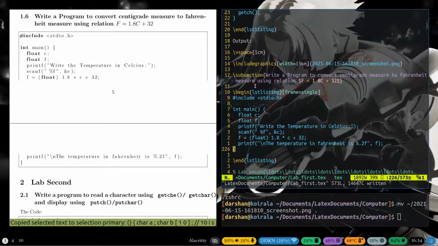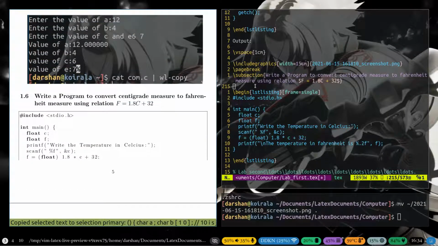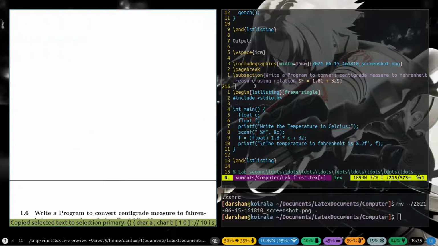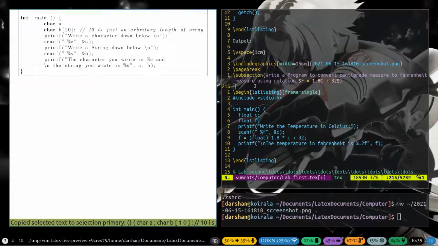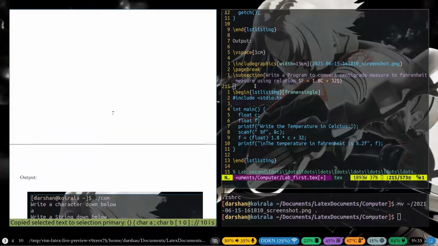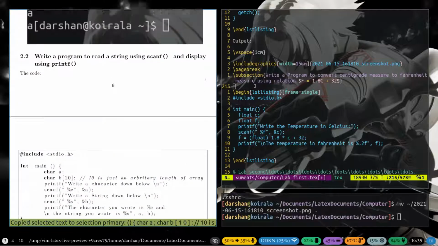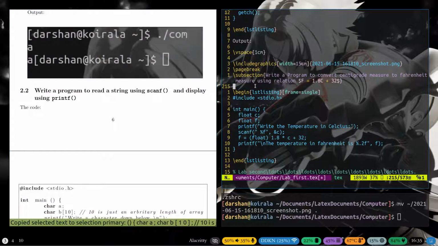I think I have the page break in this. I think you have to just remove all the page breaks and just write it, right?